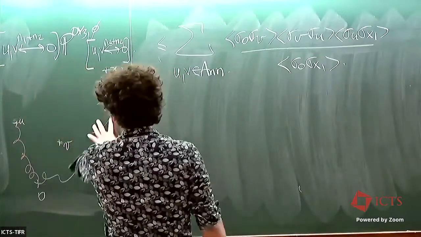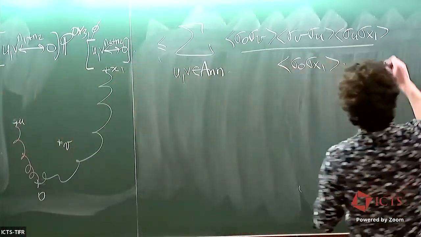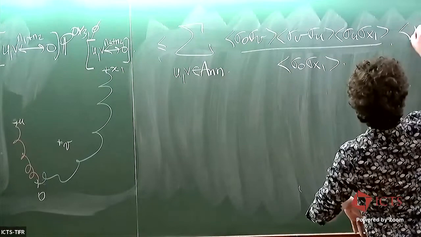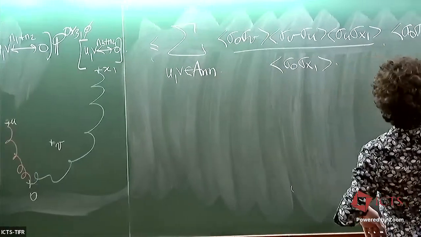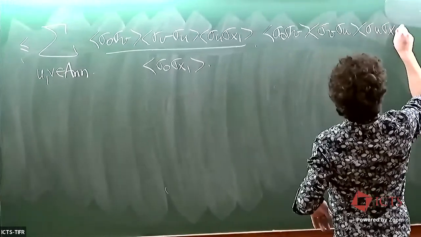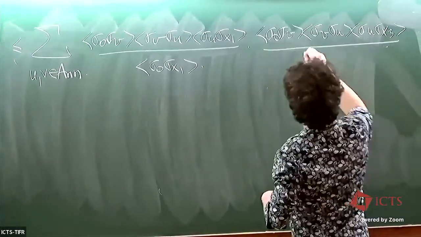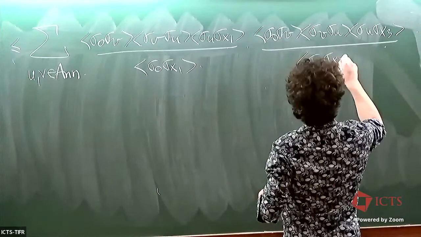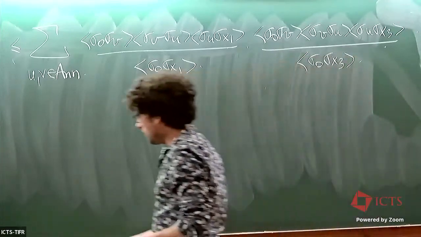And again, think that the blue will give you something of the same order. And then for the second guy, you will get also something similar, except of course you go to x3 instead of going to x1. Very good.